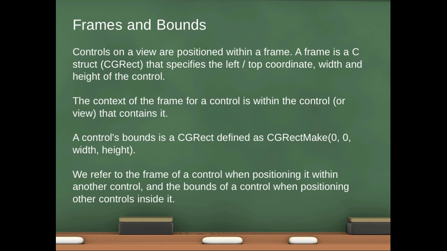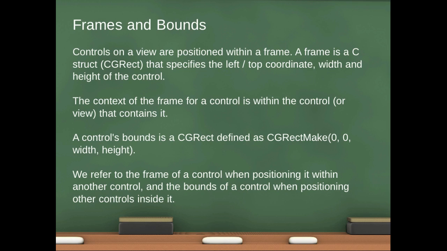So we have frame coordinates and we have bounds coordinates. A frame is actually a C struct. It's a CG rect struct. It's a rectangle that specifies 4 coordinates, the top and the left, and then the width and the height of the control. The context for this frame, this rectangle, for a control is within the control or the view that contains it.